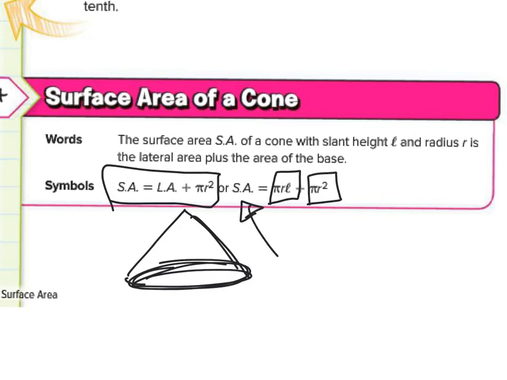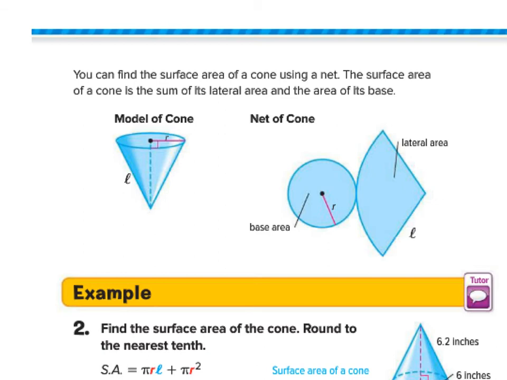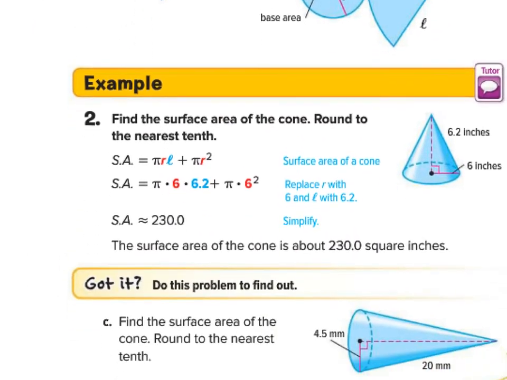Okay, let's try it. Here's an image depicting what we just talked about. So the circle, which is the base, and then the lateral area, which is the cone opened up. Okay, so we're going to go ahead and try it now.